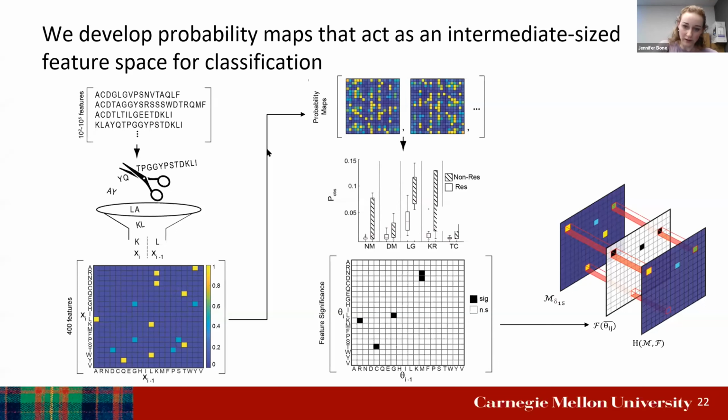And so in this next graph below is basically a filter that we created that looks for significance in patterns in these matrices. And what it pulls out is these pairs of amino acids that it predicts are going to be indicative of response or non-response.